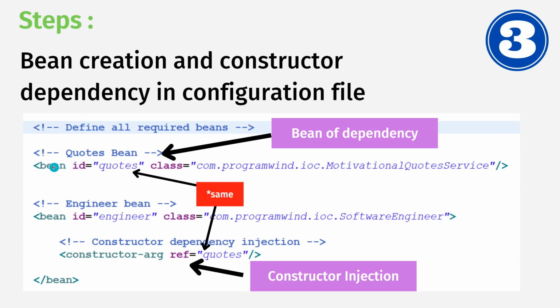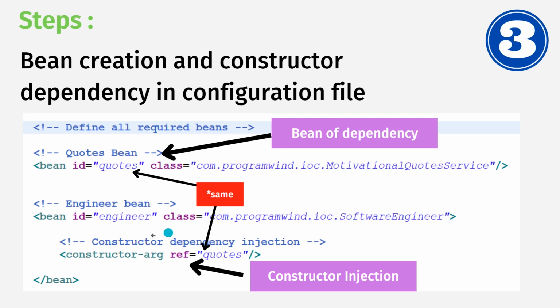So we are creating a bean with id quotes, and it will refer to the class, which implementation class? Motivational quote service. And now the second thing is our engineer bean. Our engineer bean is here with id engineer, and the implementation class is software engineer.